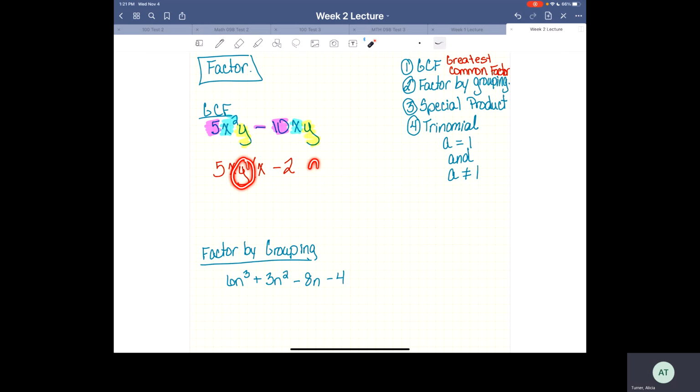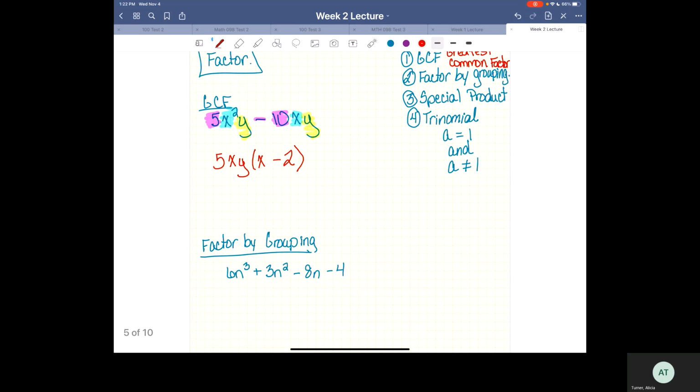And then y times 1, and we don't write that down. So after I have factored this using the GCF principle, I have 5xy times x minus 2. And that x minus 2 does have to be in parentheses. So what we have done is we have factored out the greatest common factor.